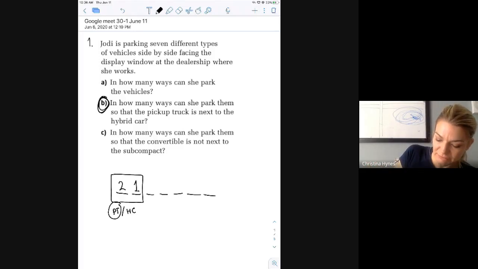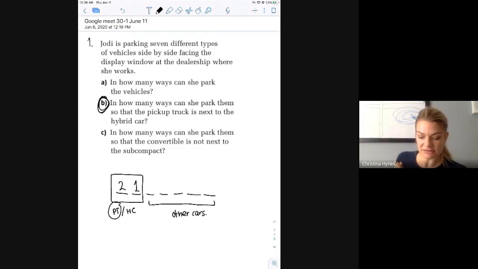Now you're going to rearrange the other cars. These are the other cars. Okay, so the other cars, there are 5 cars left to rearrange. So we would say that there's 5 choices for this spot. And then once you place a number into a spot, you have 1 less for the next spot, and so on. So these are the remaining cars just being placed, okay?